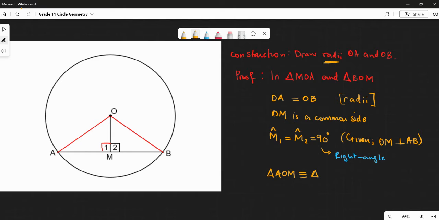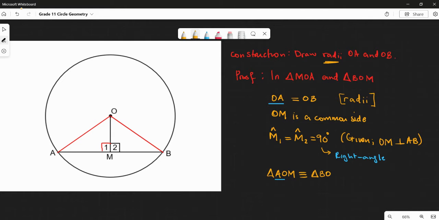And again, okay, let's just start here. Look at OA and OB. We started with the first two letters, AO. So we must also start with the first two letters there, as it is shown. So it has to be BO. So the line AO must be equal to line BO, as indicated, radii.